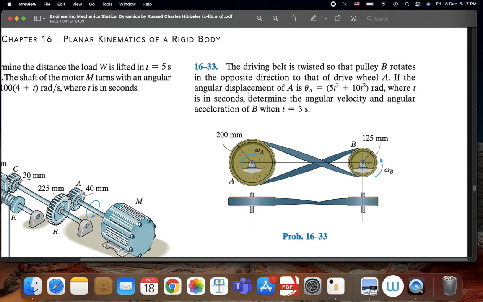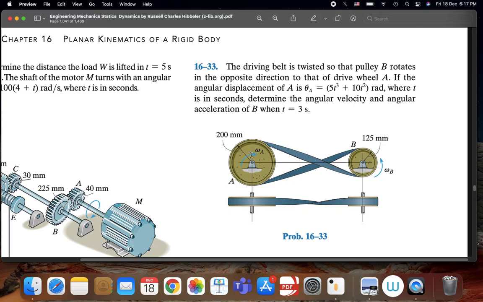If the angular displacement of A is given as theta A equals 5t cubed plus 10t squared in radians, the question asks us to determine the angular velocity and angular acceleration of pulley B, omega and alpha, at a time of 3 seconds.